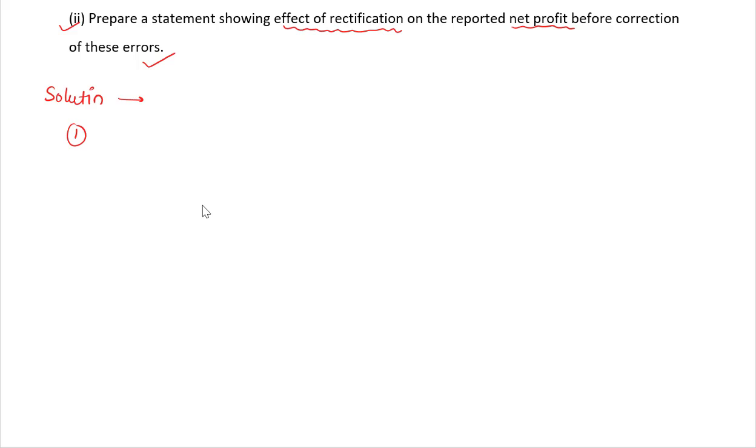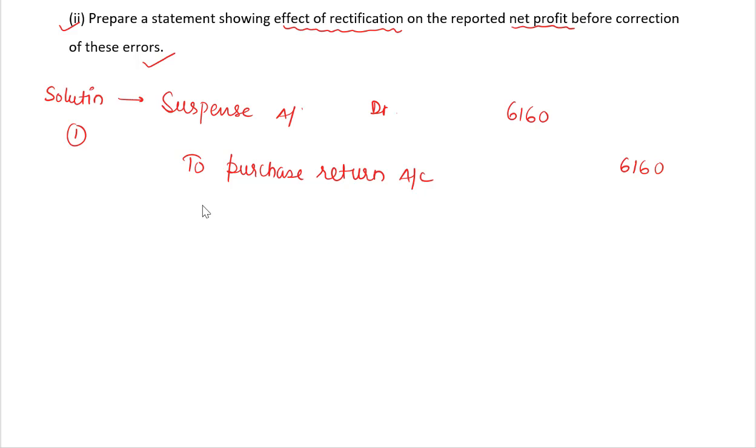First, we will write to return outward account, that is purchase return account. The amount is 6,160. So in the debit side, we'll debit what? Suspense account.